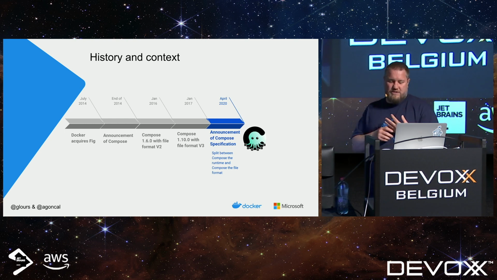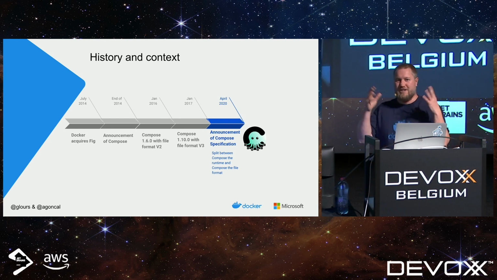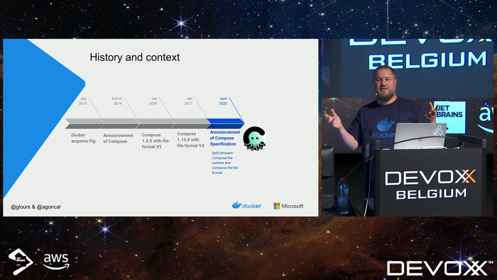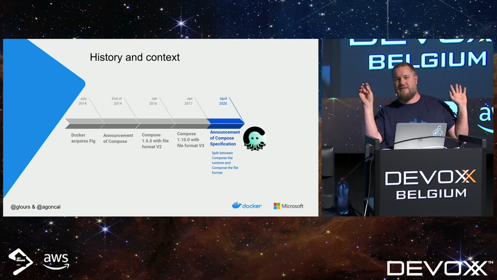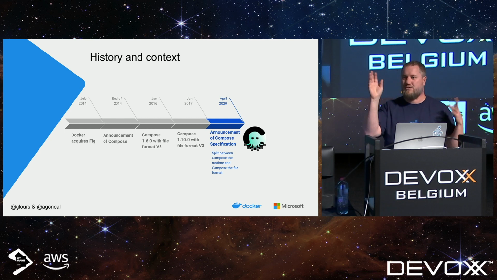So we announced the Compose specification, and we used that announcement to remove the file format issue. There is no more file format. Now you can just use all the attributes, and the runtime will say if it supports the attribute or not. But it will not break like before, just say, okay, I'm not able to use that attribute specifically, so just running as usual.